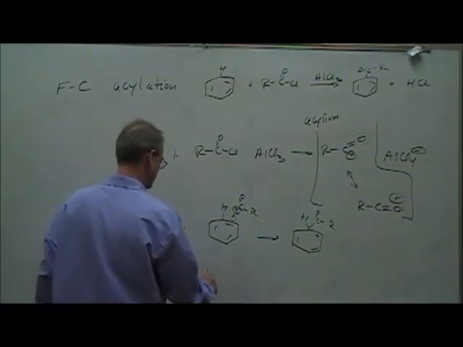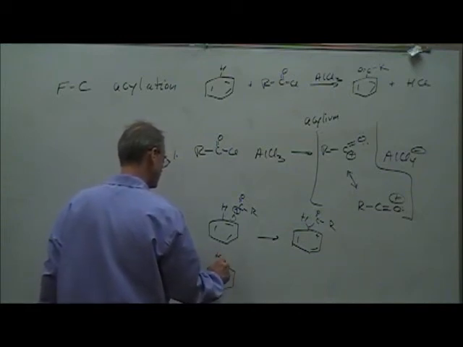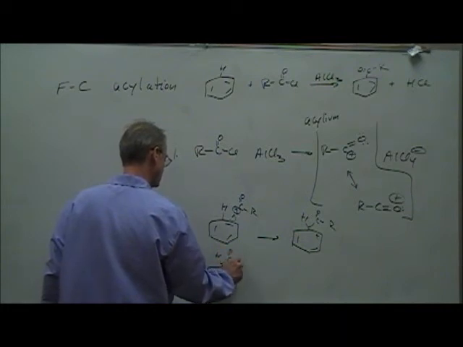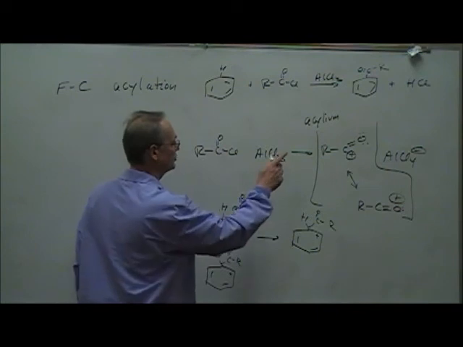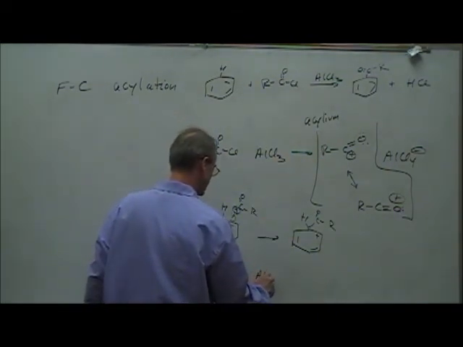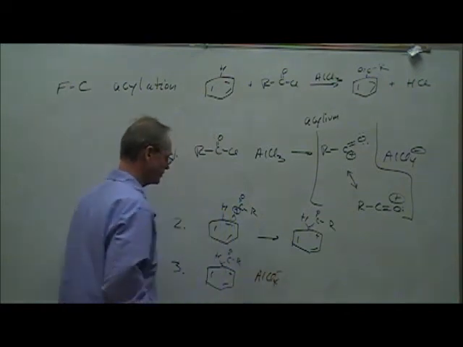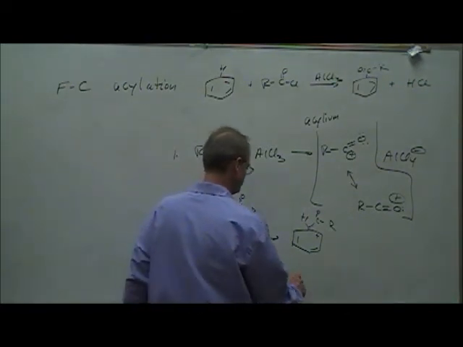And then in the last step, we just pop off the H plus and it goes where it has to. Which is, it goes on to one of the chlorines from the AlCl4 negative, so we're going to bring that in. One of these chlorides is going to pop off and go with that hydrogen.